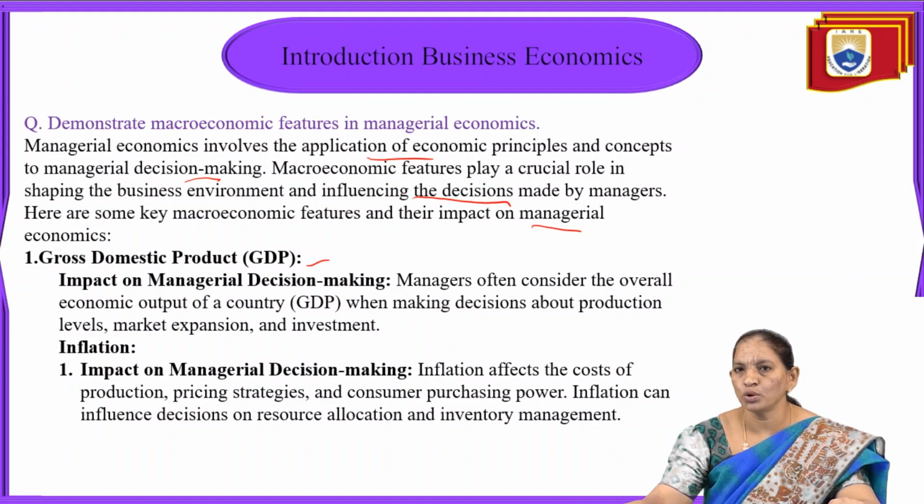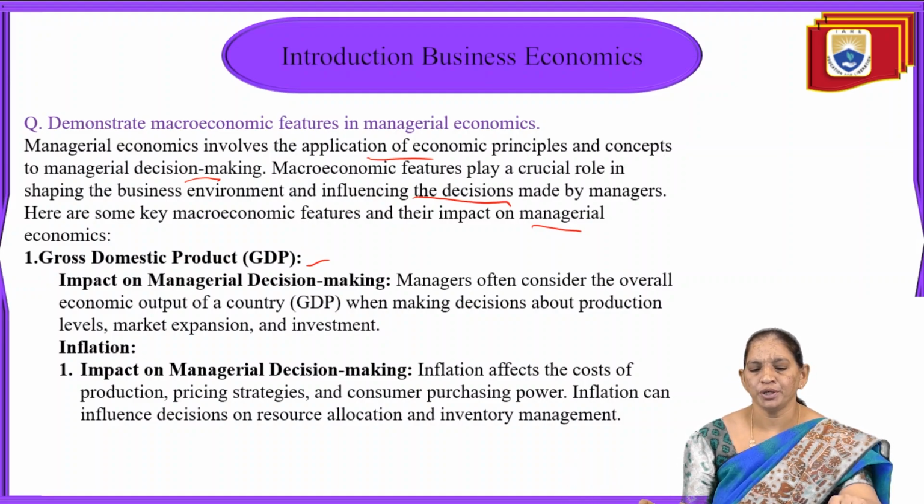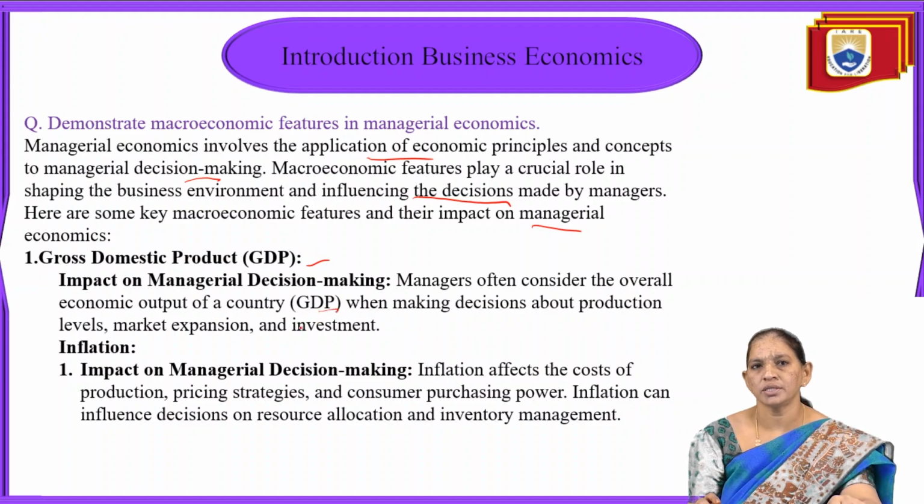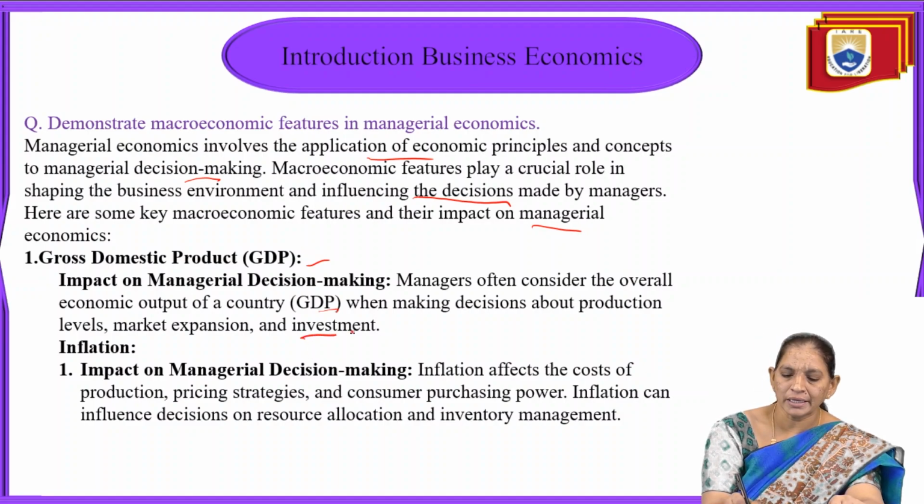Often the managers want to consider the overall economic output relating to the GDP. Here, the overall economic output of the country, like GDP, informs decisions about production levels, market expansion and investment.